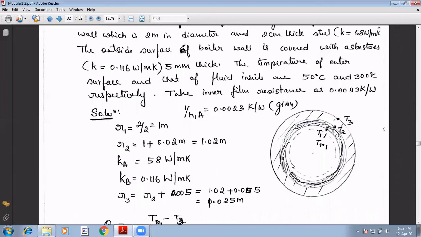So this is the sphere inside. The dotted line indicates the resistance of the air inside. This is the first material and this is the second material. The first material thickness is 2 centimeter and the second material thickness is 5 mm.